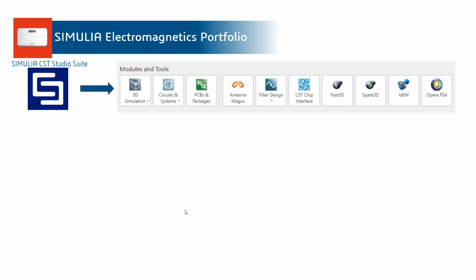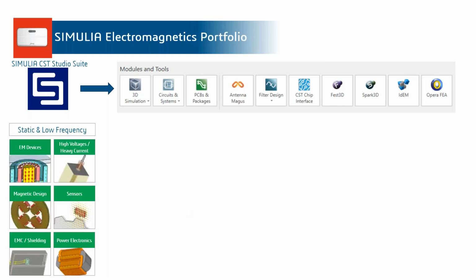To look into the detailed description of what each of the modules in CST comprises, we can work with static and low frequency applications, where we have various types of EM devices. If we want to see or design a magnet and its fields, we can view or calculate the fields and observe the field patterns here, and also do high voltage and heavy current analysis.